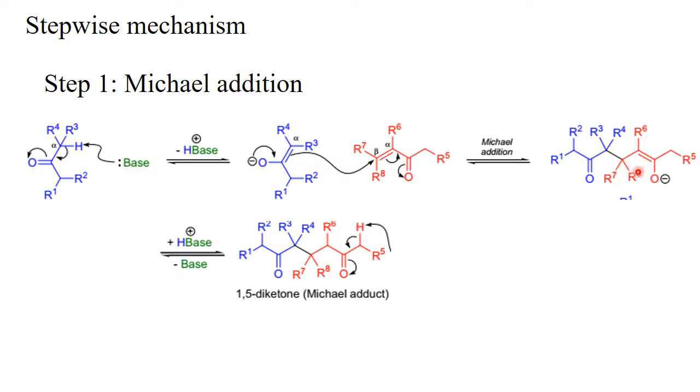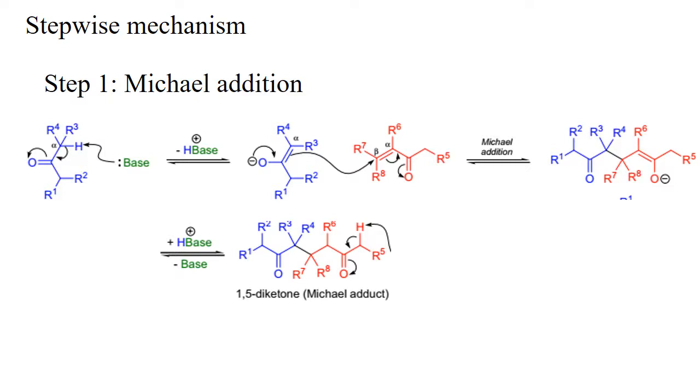It withdraws electron density from alpha carbon and makes the alpha hydrogen acidic in nature. That's why this alpha hydrogen is easily abstracted by the base. When base abstracts the proton, the carbonyl compound, here a ketone, is converted to the enolate ion. This enolate is in equilibrium with its unenolized form.